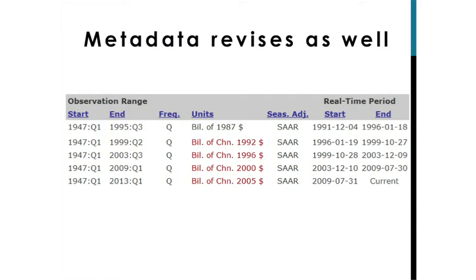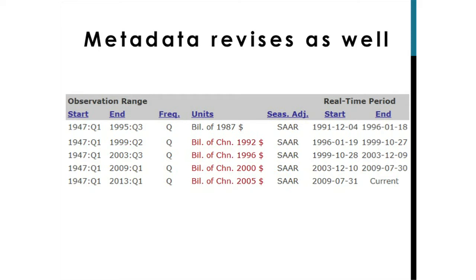Also, the metadata revises. Metadata can be revised most commonly by units. So the real GDP is adjusted for inflation. We have different vintages here which use different base amounts.